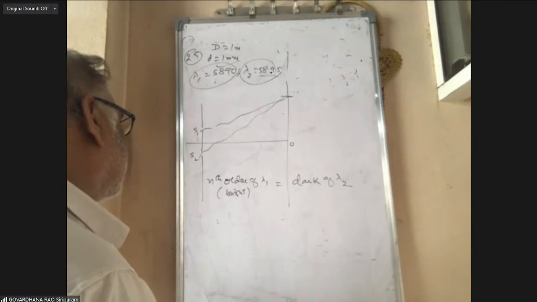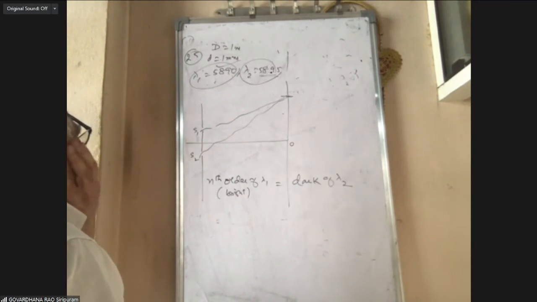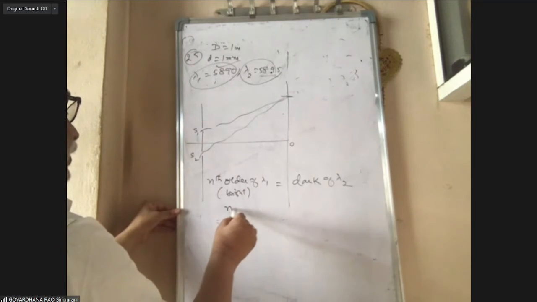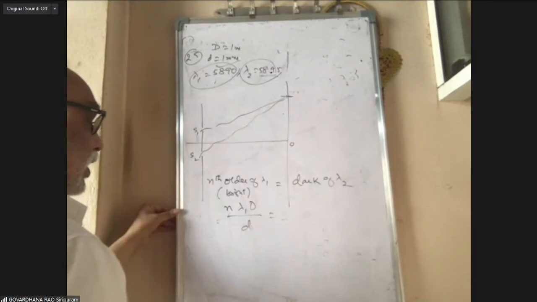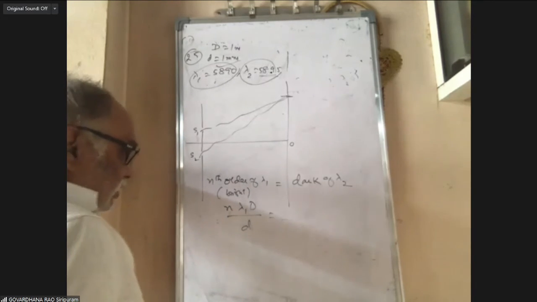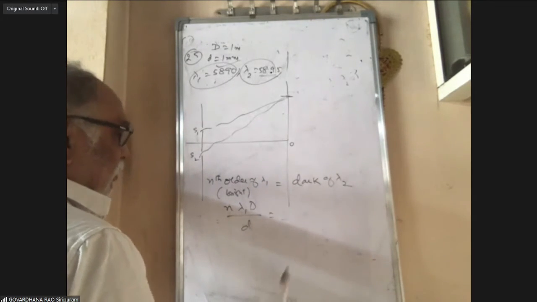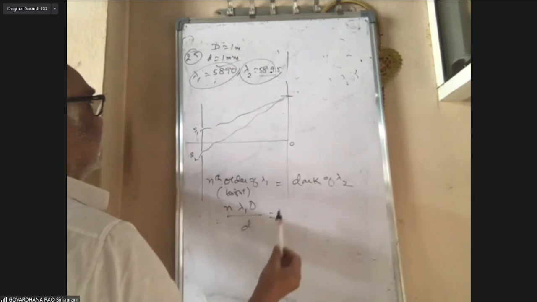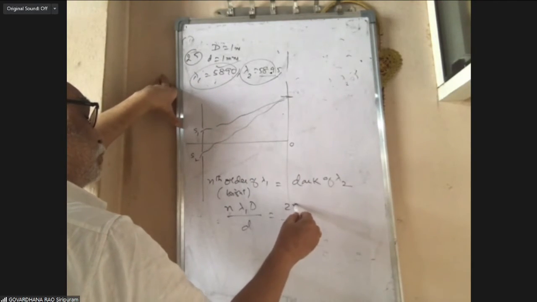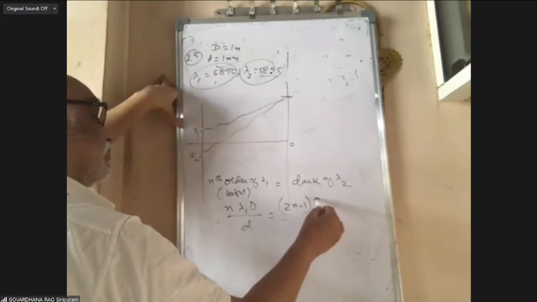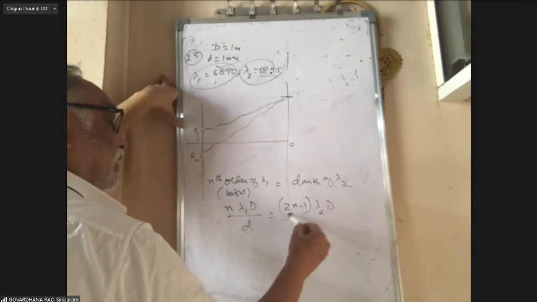So the nth order of lambda 1 is n lambda 1 D by small d. The dark condition of lambda 2, what is it? It is (2n minus 1) lambda 2 D by 2d.